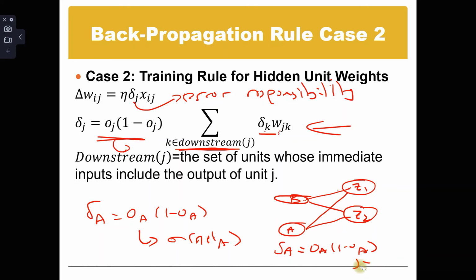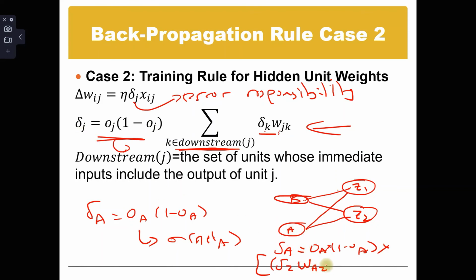Let me just write it down on the left here. Plus delta Z. It's not plus, but it is multiplied here. We have to multiply by delta Z, WAZ, because J is referring to A in that particular example.